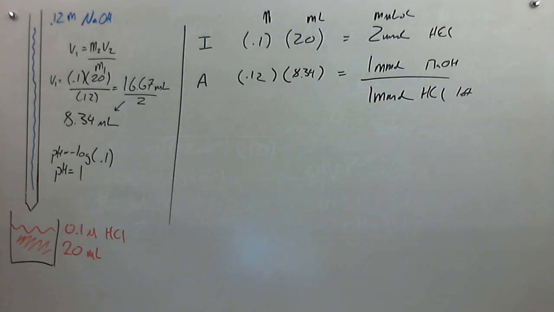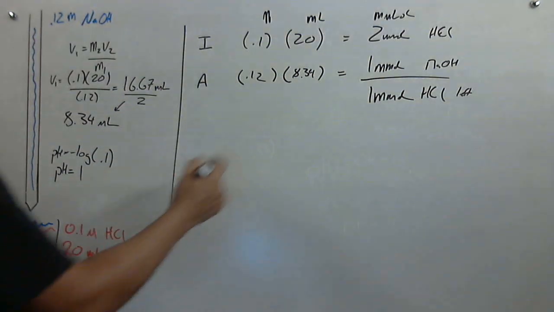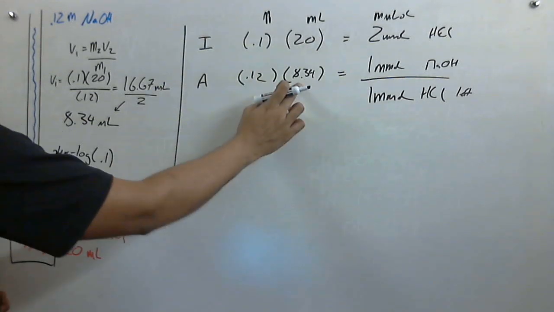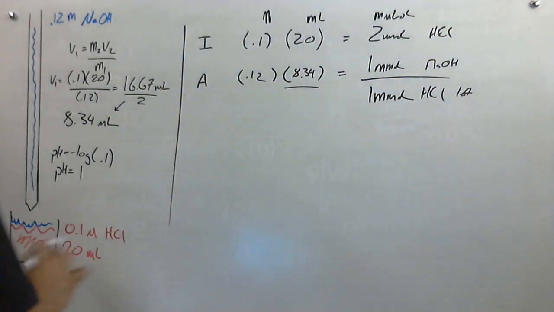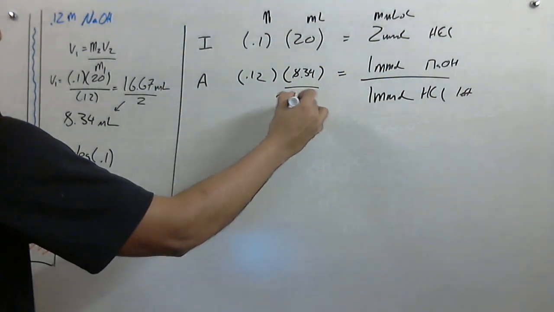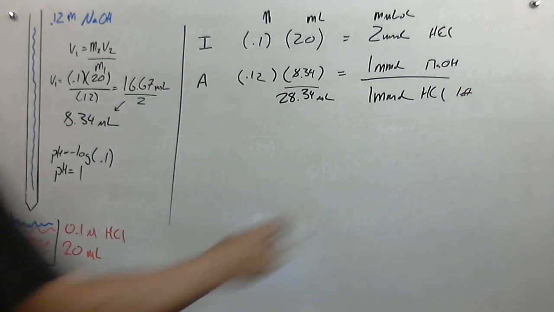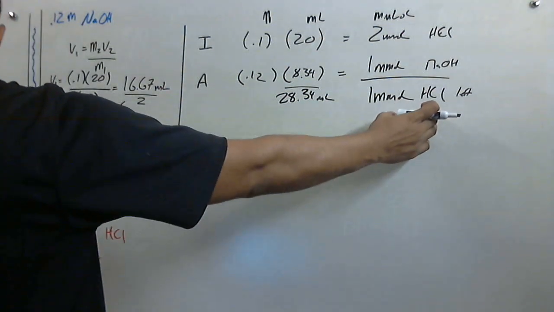All right. So if I want to know how strong this is now when we add 8.34 milliliters of base to this, what's my molarity now? My molarity is usually moles over liters. So let's go ahead and see if we have that here. Total, I initially had 20 milliliters. I then added 8.34. So this beaker now contains 28.34 milliliters of fluid, and there's 1 millimole of acid in there.